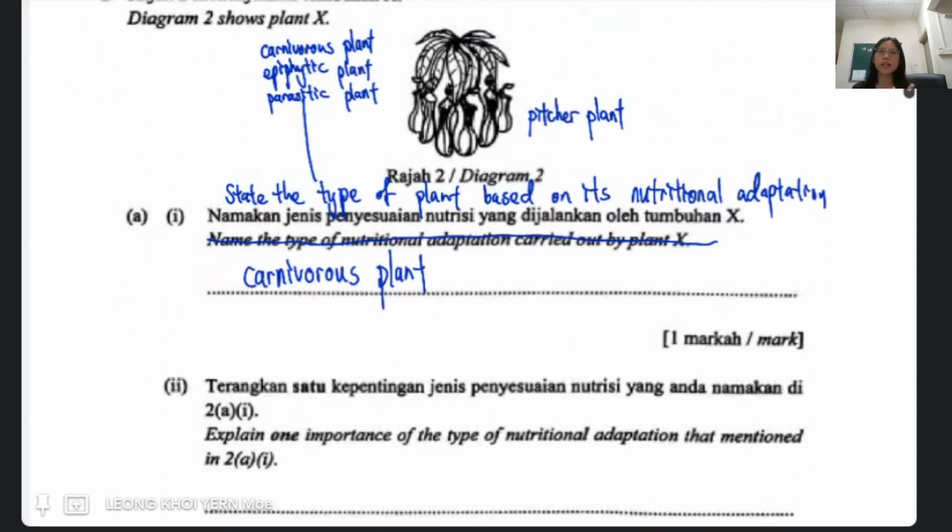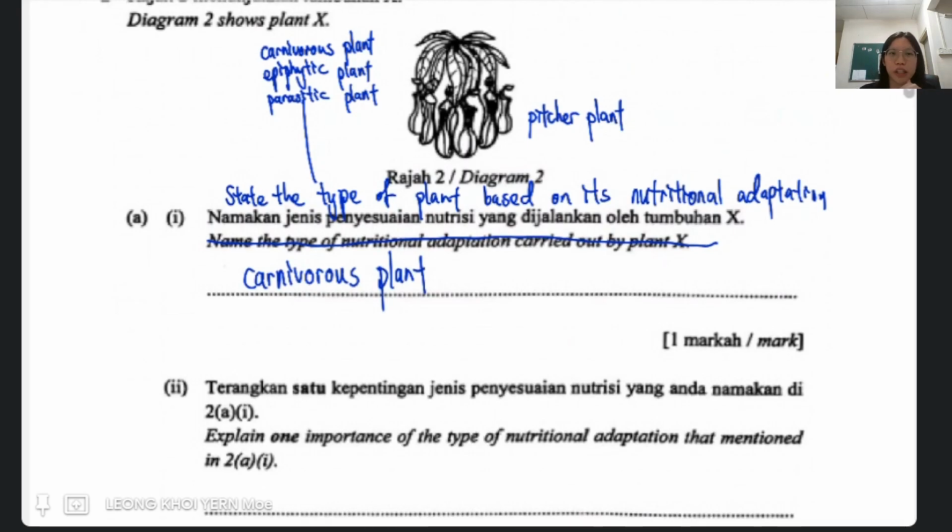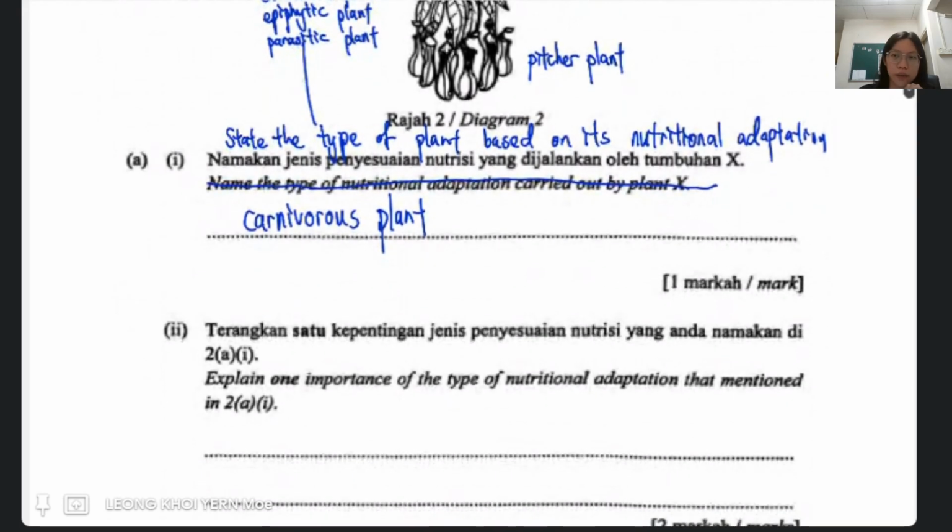Basically, why do they do photosynthesis on their own, but still want to eat insects? So try to think, what nutrition can you get from this insect? You can get nitrogen from this insect.